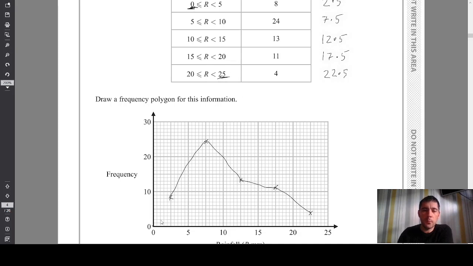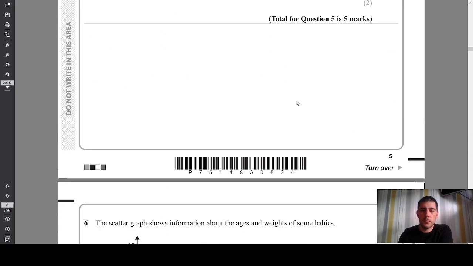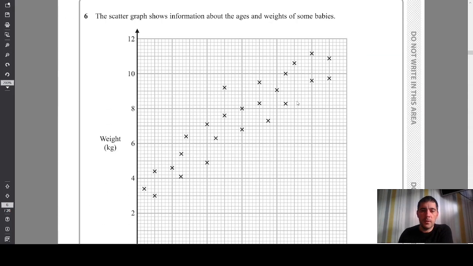So we connect the first point with 0, and the last point to 25, so we just connect the ends to get a nice smooth polygon. Right, so now I'll skip those because I showed them in the previous video.